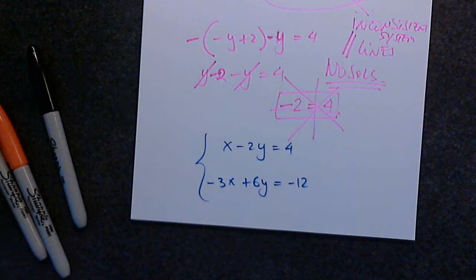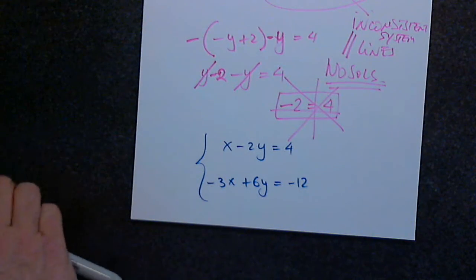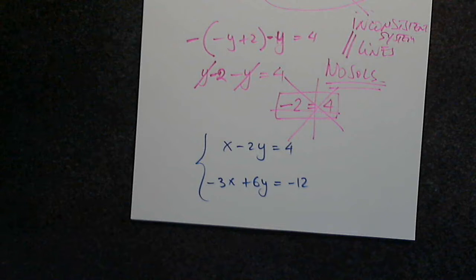Let's say we want to solve using substitution. I would normally ask you to fully simplify both equations before you start, but let's say we don't do that just yet. What should I do?